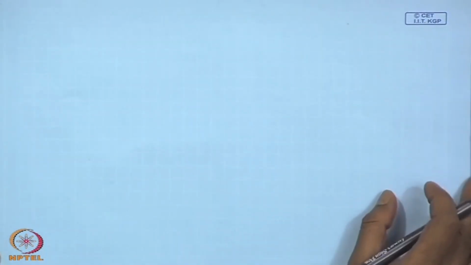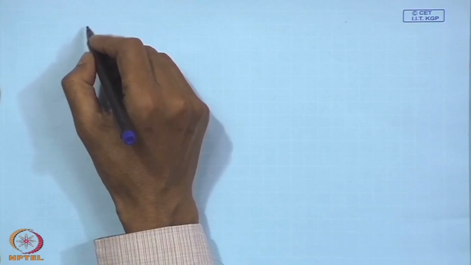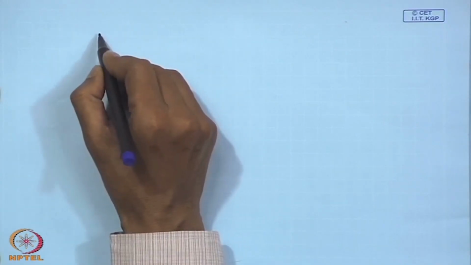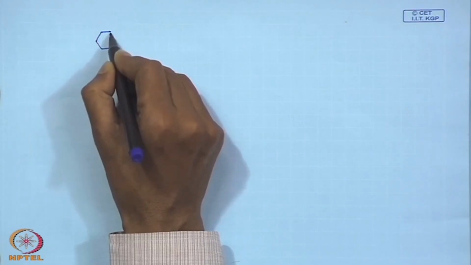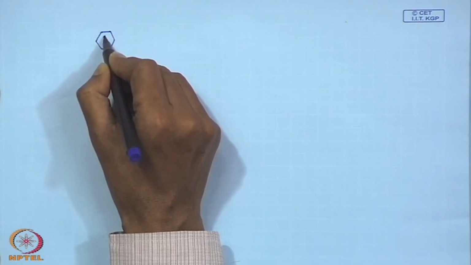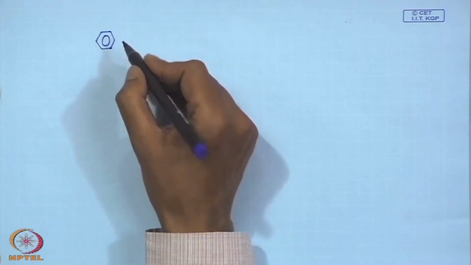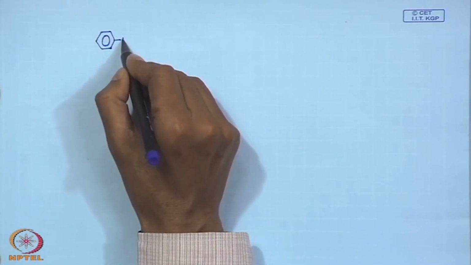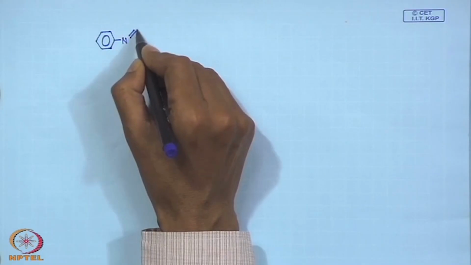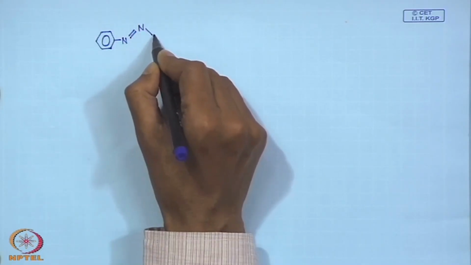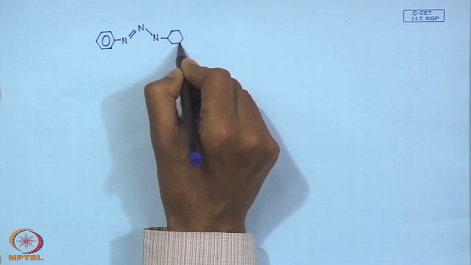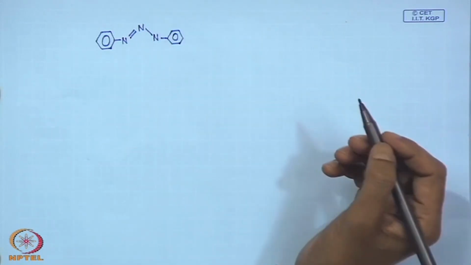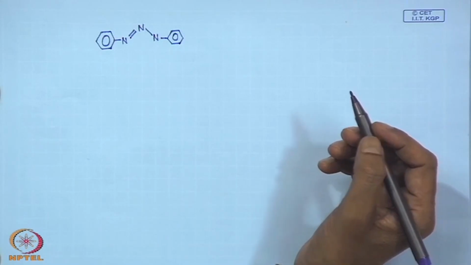So how do we get this from a typical coordination compound? So if we have a typical organic ligand, like this, which is known as the corresponding triazine.